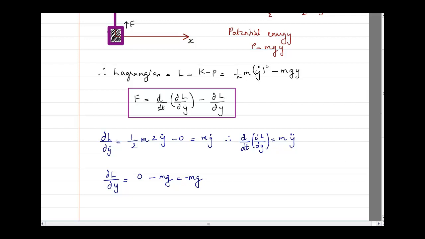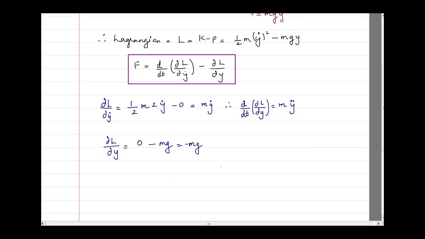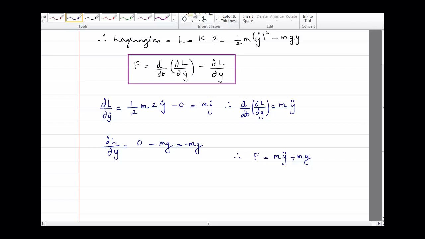Therefore we can say that the force is going to be m y double dot minus minus mg, that is, plus mg. And see, this is correct. In a way, you can see and understand that this is correct.